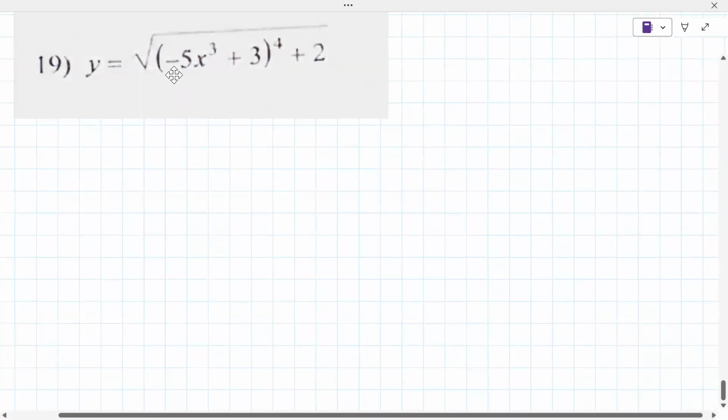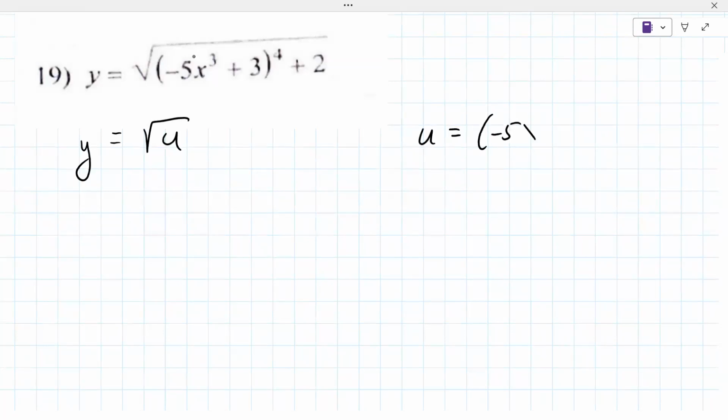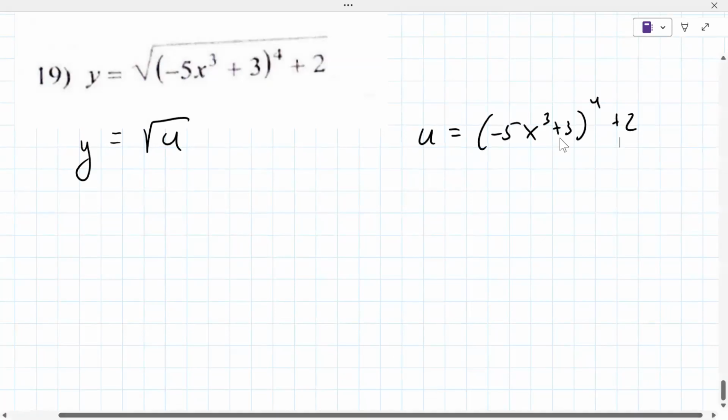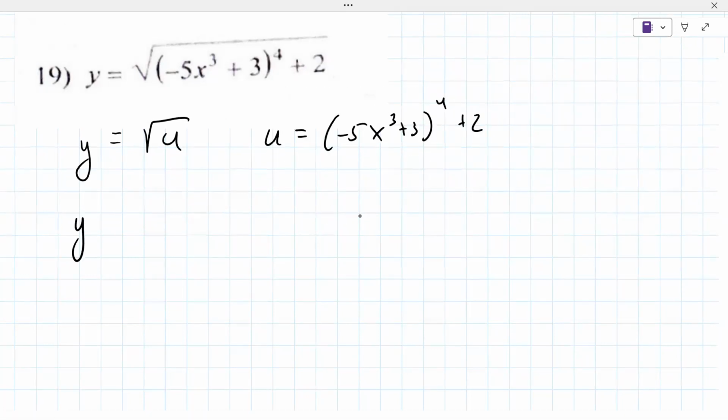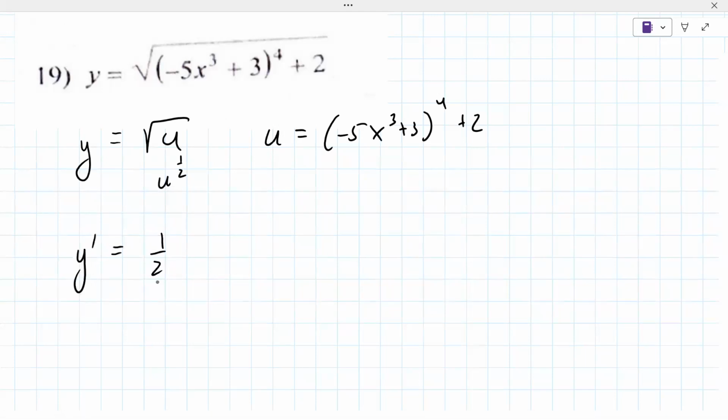Okay, so this one again, I'm going to rewrite it as y equals the square root of u, and u is (minus 5x cubed plus 3) to the power 4, plus 2. So y is really u to the 1/2 power, and your derivative y prime is 1/2 u to the minus 1/2 power times u prime.